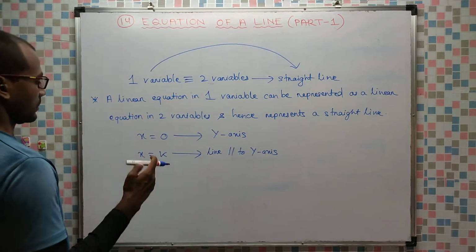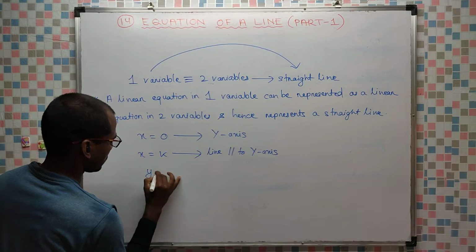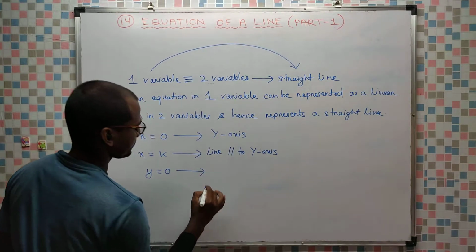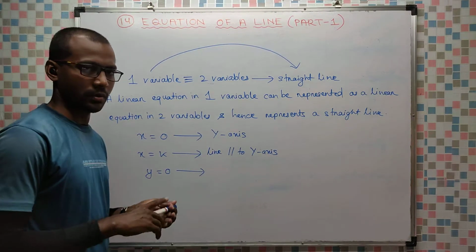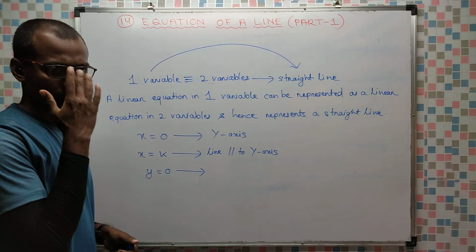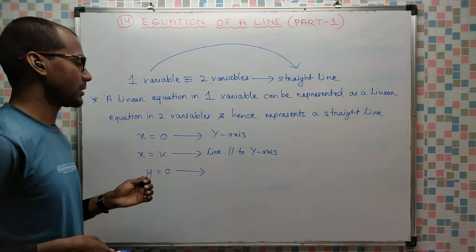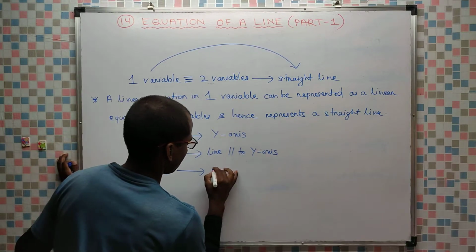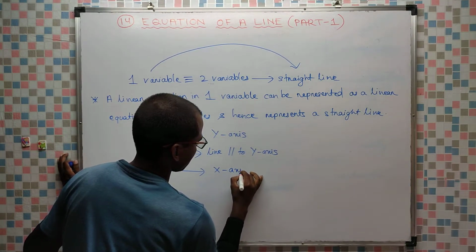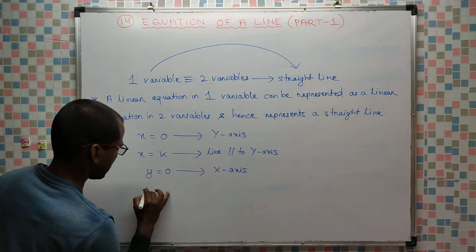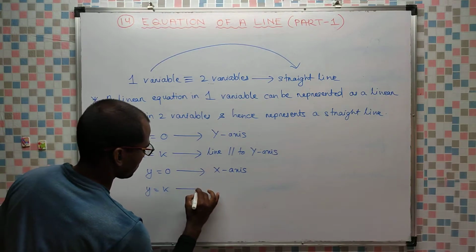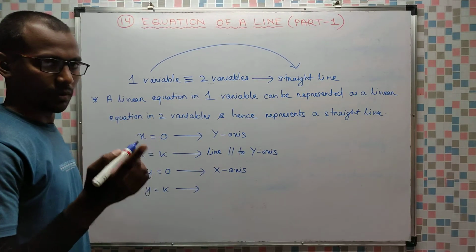Similarly, y is equal to 0 is also a linear equation in one variable y, and it will also represent a straight line. Which line is it? It is the x-axis. Then y is equal to a constant is also a linear equation in one variable y.